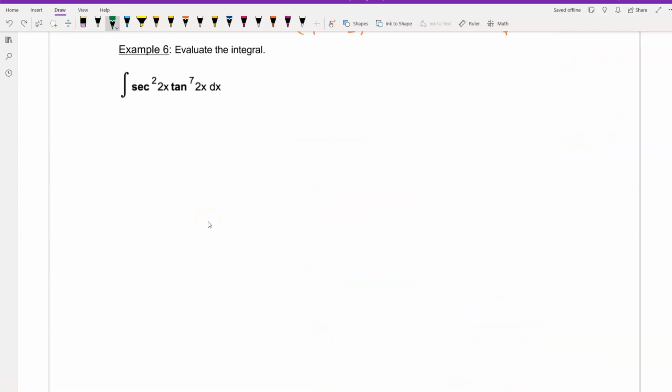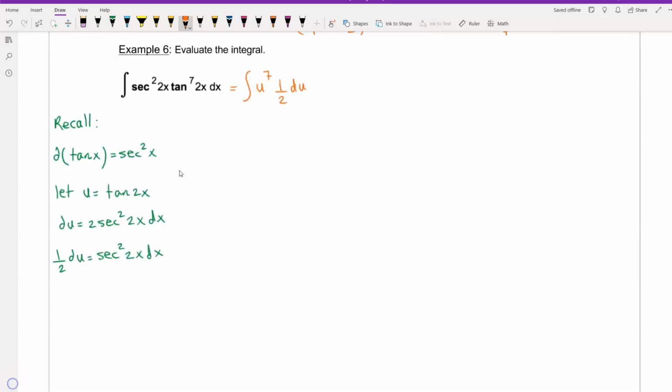Evaluate the integral of secant square 2x times tangent to the power 7 of 2x, dx. We recall that the derivative of tangent is equal to secant square. Let u equal tangent 2x, so the derivative of u is equal to 2 secant square 2x dx.